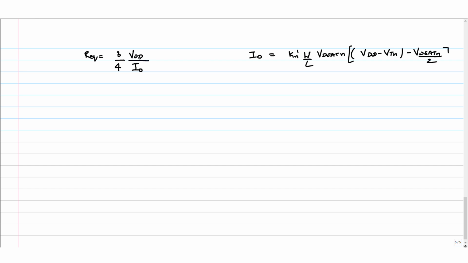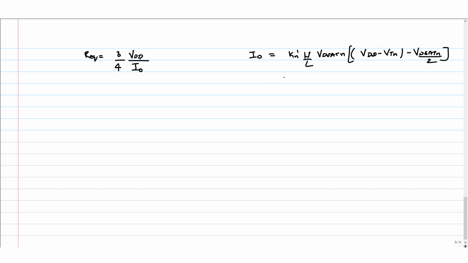Okay, so let's look at this equation a little more closely. R equivalent is 3 by 4, and I leave out this lambda parameter, I naught. If it is velocity saturated, then I naught is equal to Kn prime W by L Vd sat n into Vdd minus Vtn minus Vd sat n by 2.